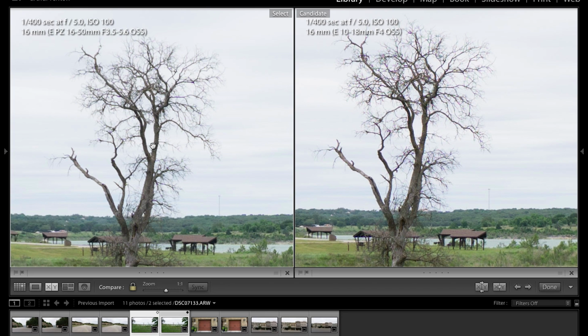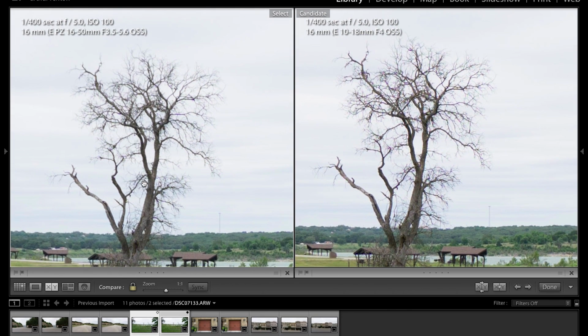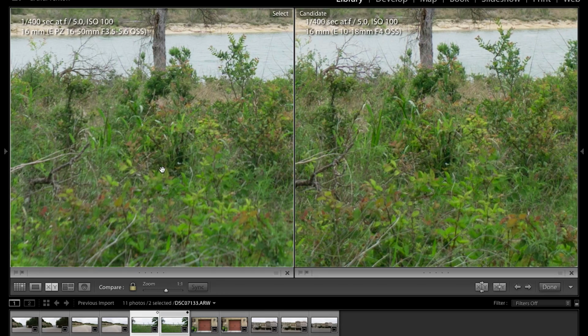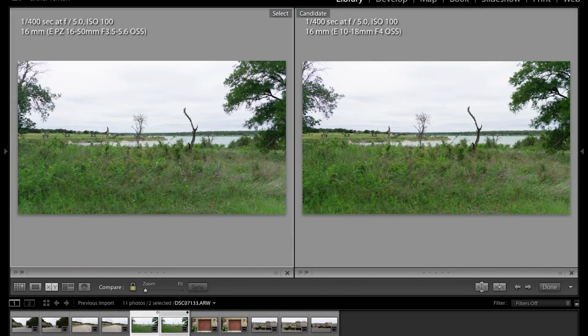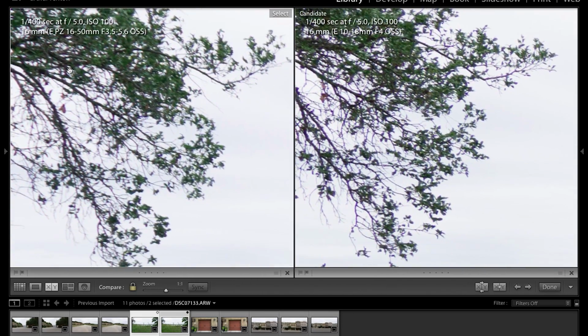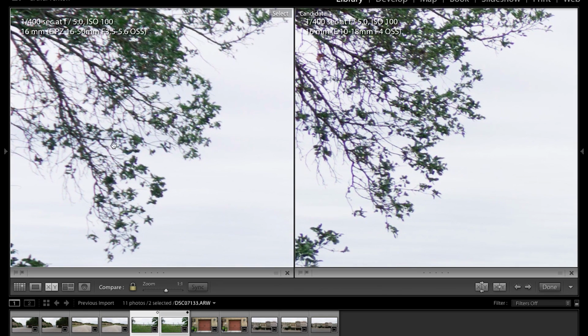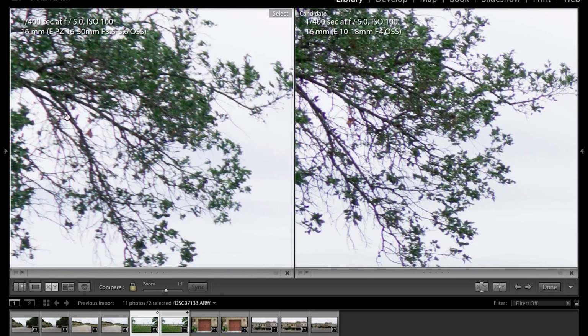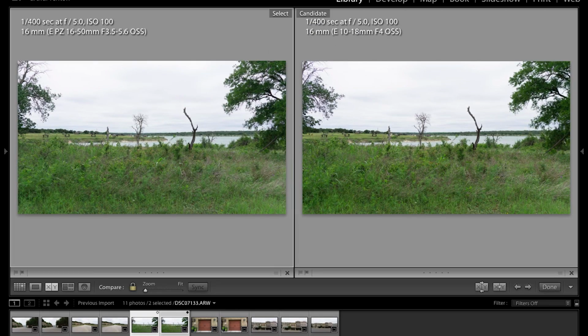It's close, but I think the 10-18 is a little sharper. Let's look at the edges. Yeah, there's definitely a little bit better sharpness with the 10-18 here. Some more chromatic aberration, but you have the same sort of effect with the kit lens as well.